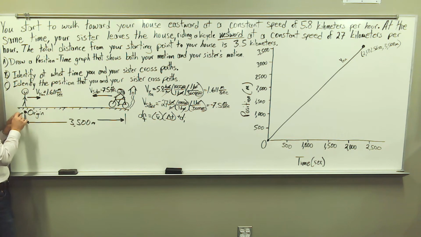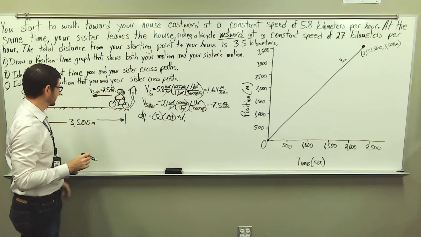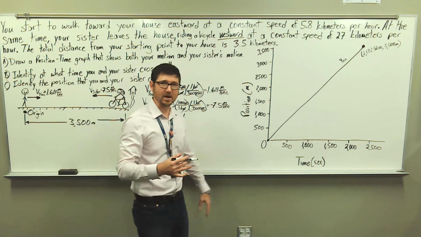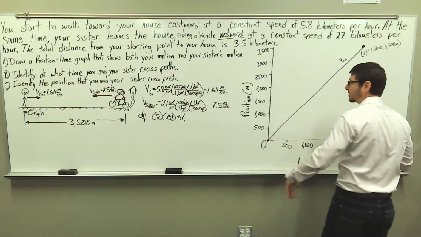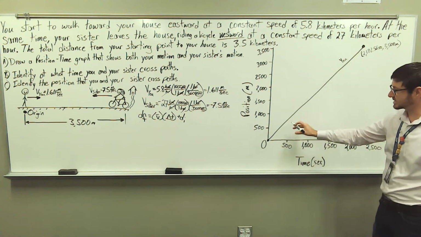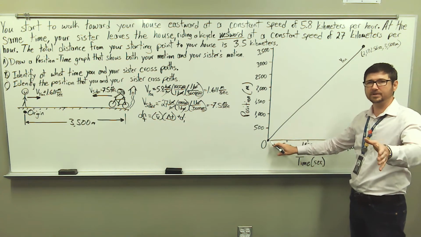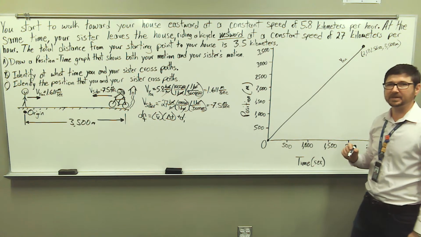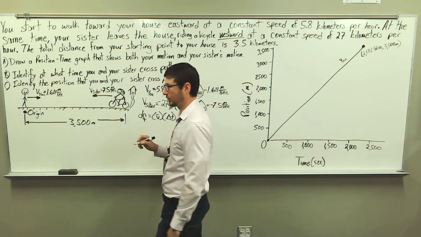You started at the origin, and when you travel the 3,500 meters, you are 3,500 meters away from the origin, from where you started. And so I've represented this on the position time graph.